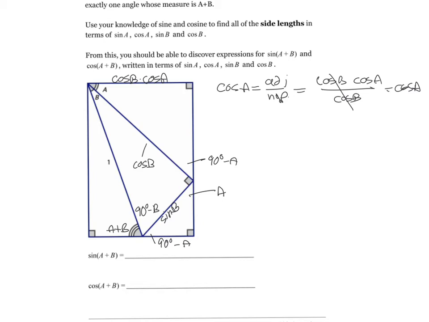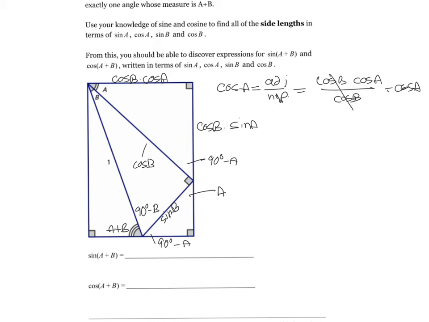Cosine of A is cosine of A. In other words, the ratio of that adjacent to the hypotenuse is the cosine of A. That's all we're getting at. Likewise, the opposite side in that triangle is going to be cosine of B times sine of A.